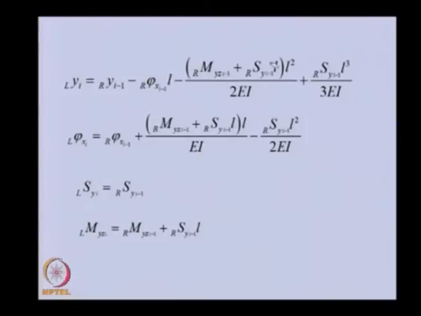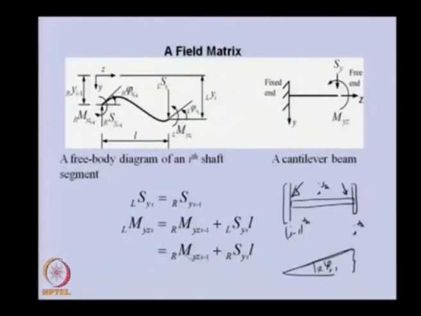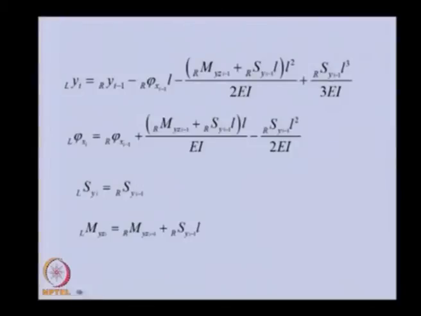If we go back here, you can see this particular moment, which I am now replacing with this moment, because we already have these relations. So I am just substituting this expression here, so that all the terms on this side are toward the right of the ith disk. Similarly, in the angular displacement case, replace this term, and these are the two relations which we obtain for the shear force and bending moment. There is no change in this.